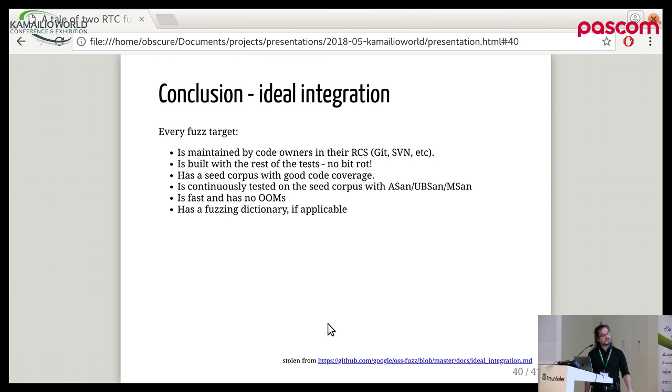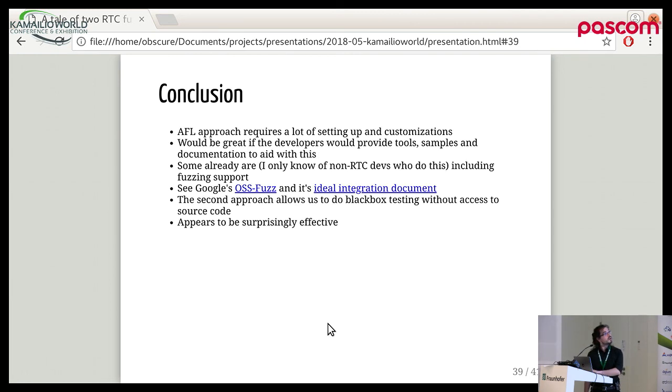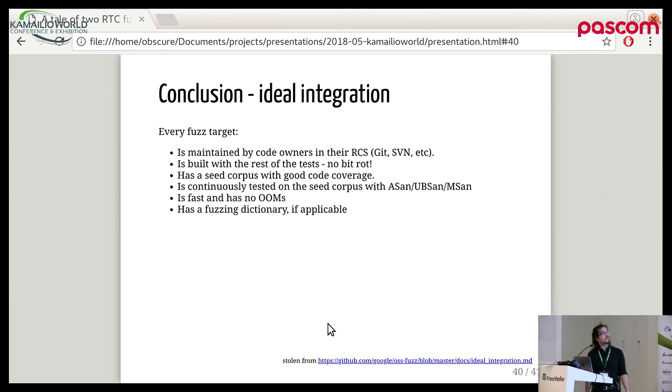A bit more about this idea is that you basically follow the documentation that they have provided so that you make it easier for fuzzers to work with you instead of against you.